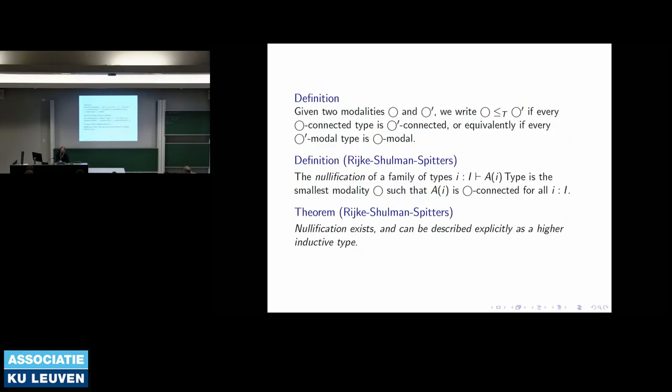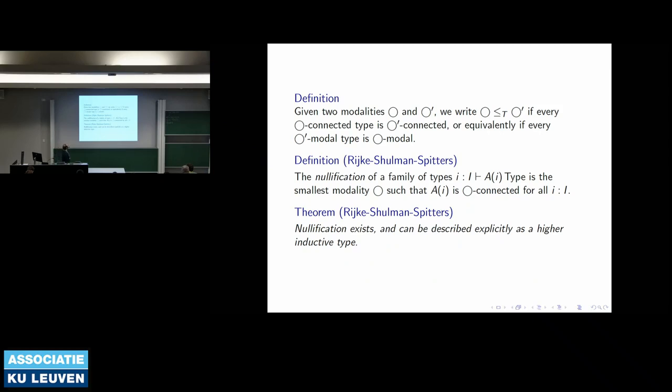Okay. So how can we use this to talk about computability theory, and in particular Turing reductions? Well, in fact, we can define Turing reducibility for modalities in general. I think the opposite ordering to this is already in the Rijke-Shulman-Spitters paper, but I want to change it by doing the opposite order, and writing a little T here for Turing, since I'm doing computability theory.